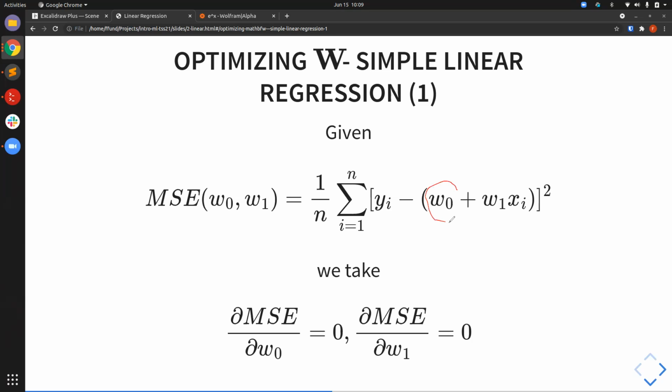So the derivative of this expression with respect to W0. First of all, is W0 constant with respect to the sum? Or does W0 have a different value inside each iteration of the sum?